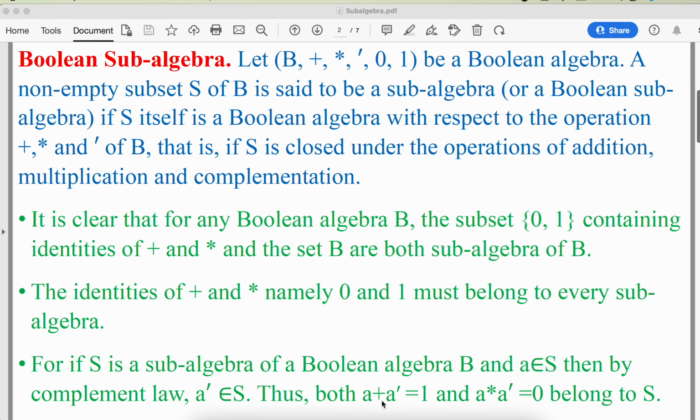So A plus A dash is equal to 1 because S is closed with respect to addition, and A into A dash is equal to 0 because S is closed with respect to multiplication. Therefore A plus A dash and A into A dash must belong to S. It means 1 belongs to S and 0 belongs to S. So every Boolean subalgebra must contain the identities with respect to addition and multiplication, which are nothing but 0 and 1.